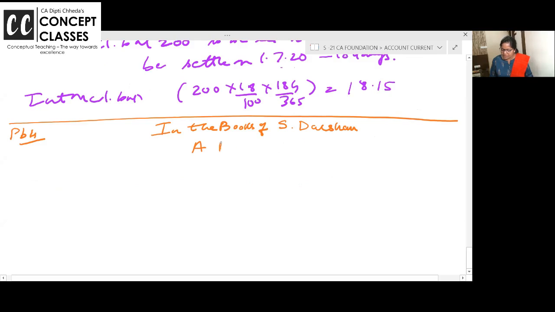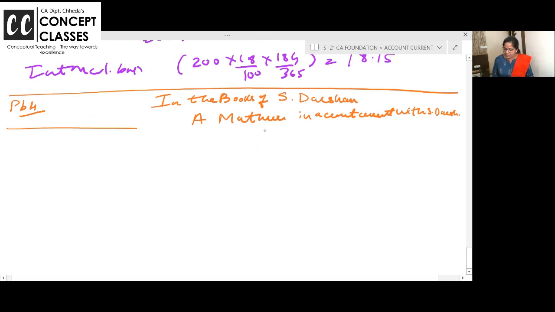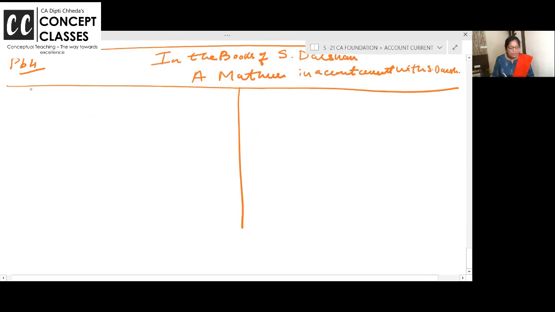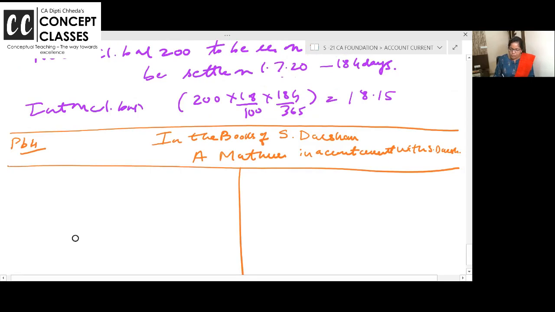So in the books of S. Darshan, A. Mathur in account current with S. Darshan. Date and due date both are there. So we will make 2 columns.